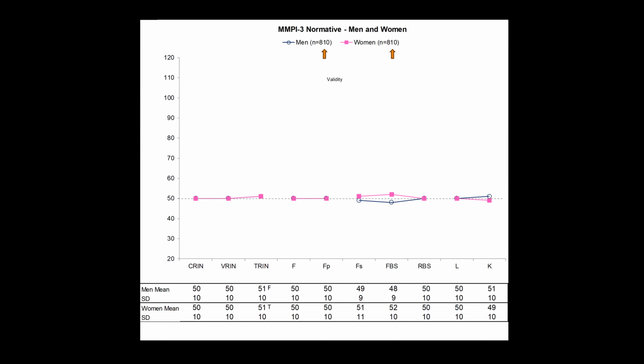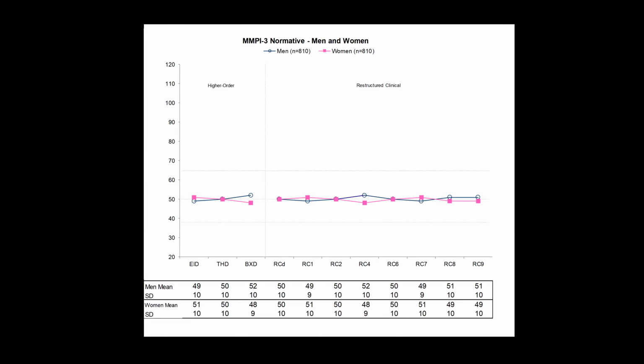And as you'll see when we go through these next slides, none of the differences reach that level between men and women, those identifying as men and women in the MMPI normative sample, with one exception that we'll see at the end. So these are scores on the higher order and restructured clinical scales.